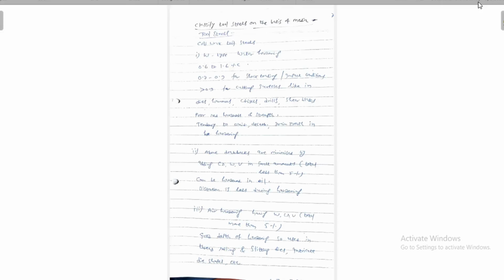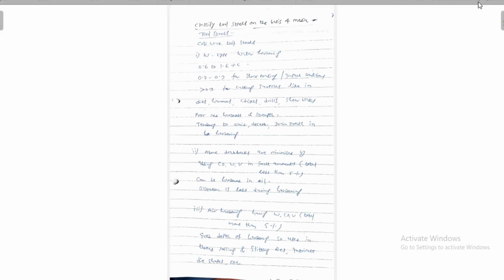A typical chemical composition will be 0.6 to 1.6% carbon for high carbon steel. 0.7 to 0.9% carbon will be used for shock loading or impact conditions, for tools like hammers, anvils, punches, and if the carbon content is more than 0.9, it will be useful for making cutting tools like dies, chisels, drills, shear blades.